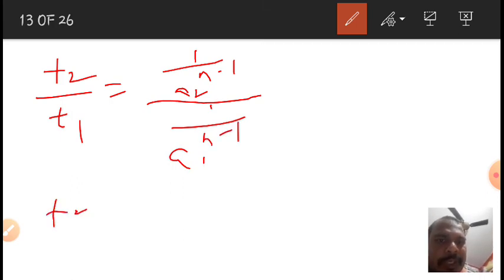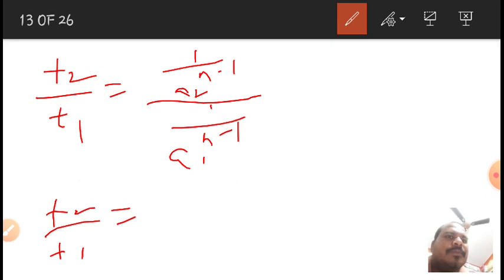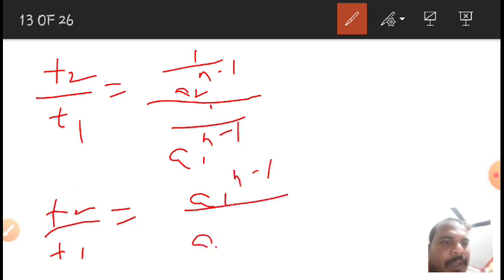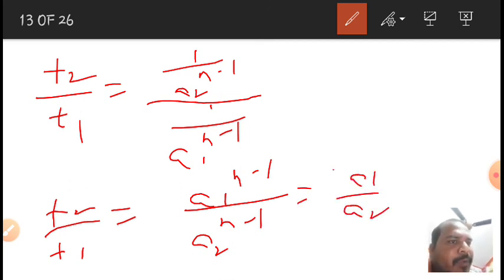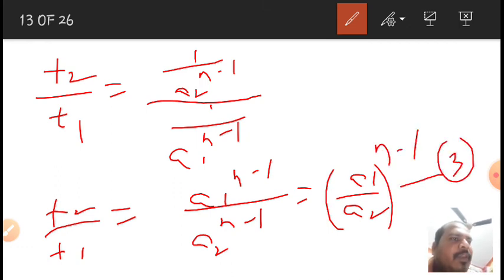So T2 by T1 is equal to A1 to the power of n minus 1 by A2 to the power of n minus 1, which is equal to (A1 by A2) to the power of n minus 1. It is equation 3.